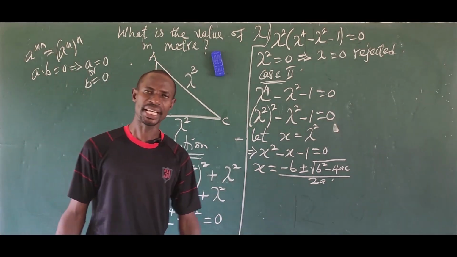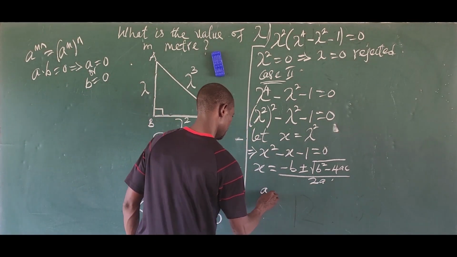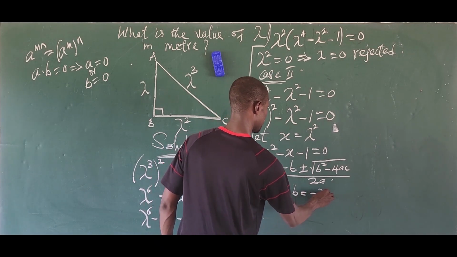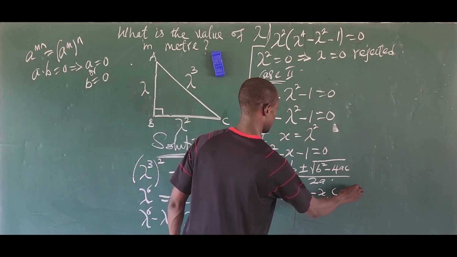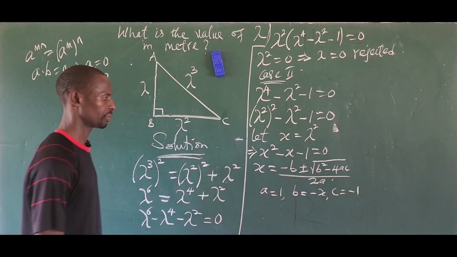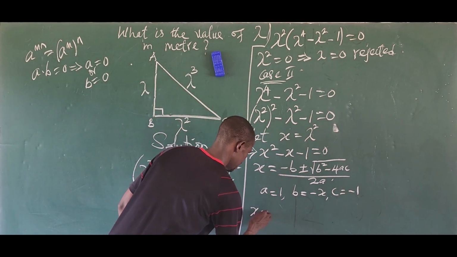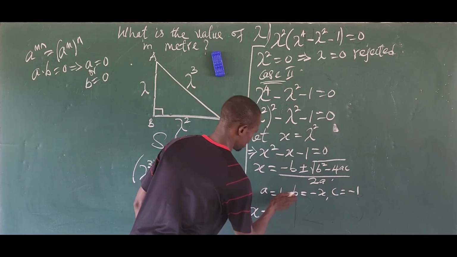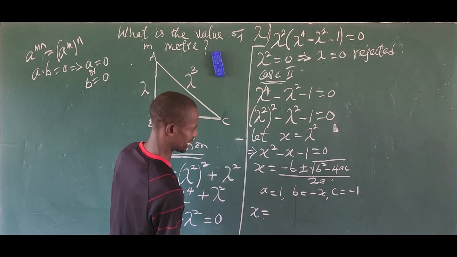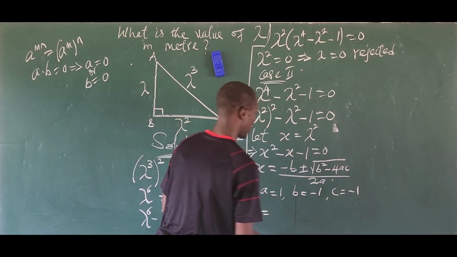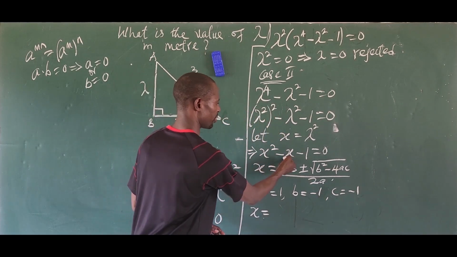Our a is the coefficient of x squared, so we have a is equals to 1, and our b is the coefficient of ordinary x, and our c is the constant, which is minus 1. Let's go ahead and substitute these values into this expression. So we have x will now be equal to, what is our b? B is minus 1, please. Yes, it is minus 1 because it is the coefficient of x here.